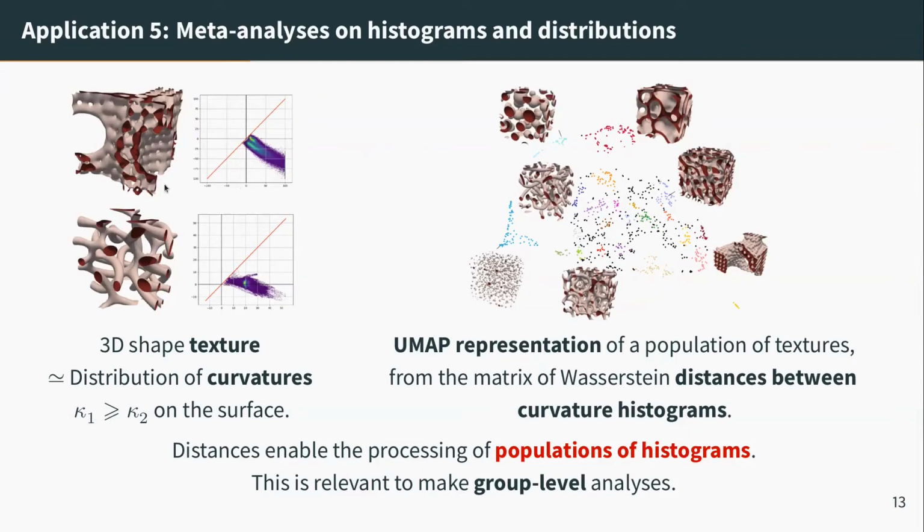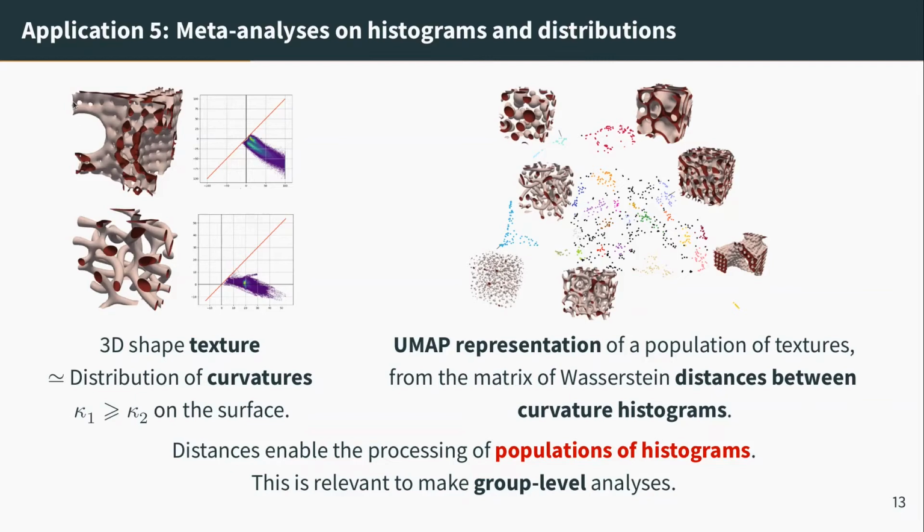And in this paper, you have another idea, which is that if you have a homogeneous surface, something that has a homogeneous texture, a good descriptor of the texture is to look at the probability distribution of curvatures.